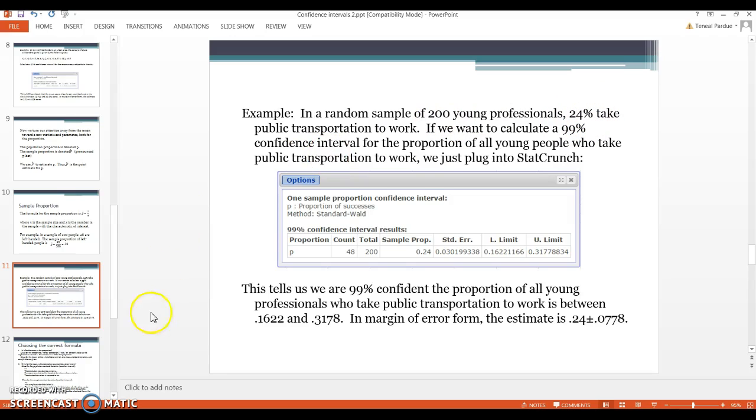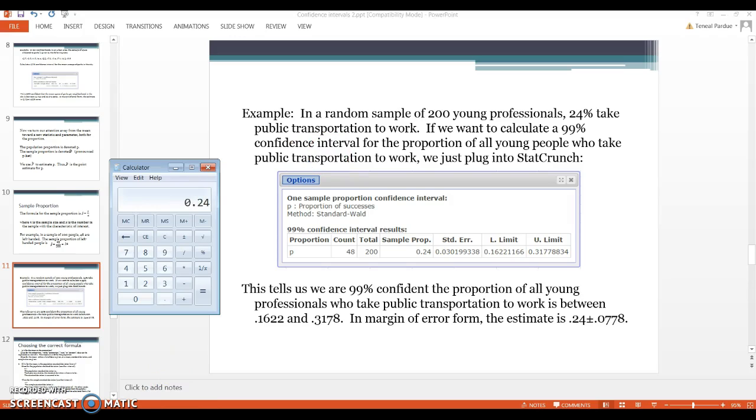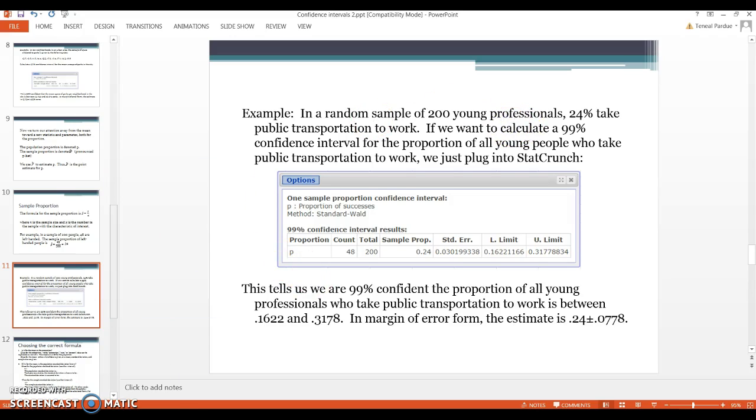So we need to actually do 0.24 times our 200. So that's 48 out of 200.